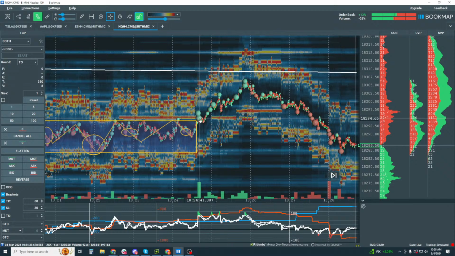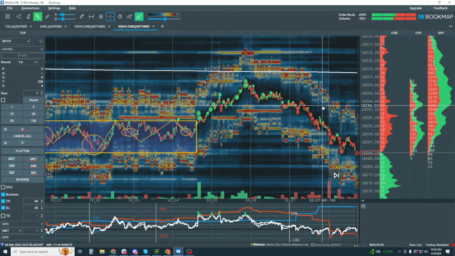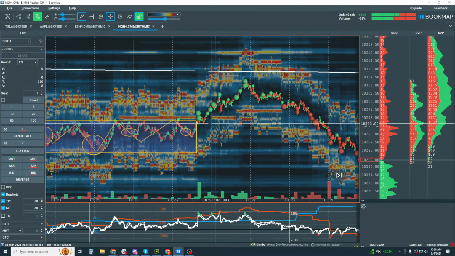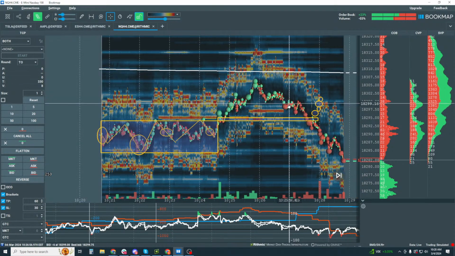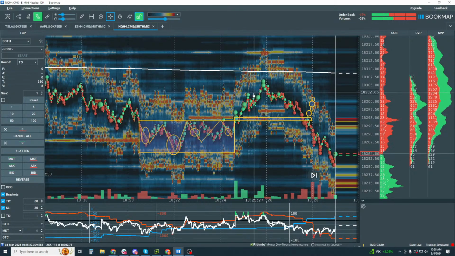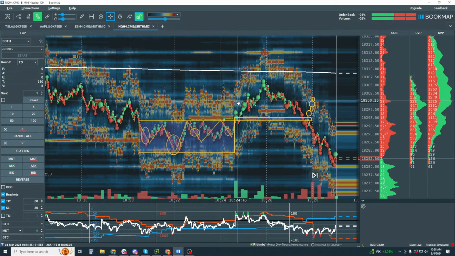But we'd be looking for maybe the bounce off of here, and maybe more buyers to come back in again after that move down to where it broke out from. We'd be looking for those buyers in here, and we didn't get it. Okay, so you know, we still have more sellers in here.